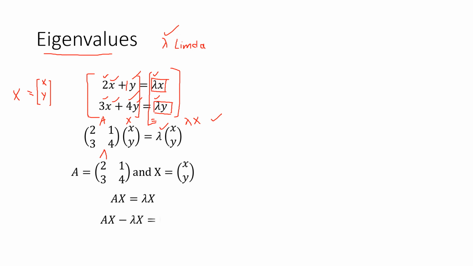AX, then what we do, we take this to the left side, so minus will come. Now lambda is a number, A is a matrix, X is a matrix, keep in mind. Okay, so I'm putting the identity matrix.